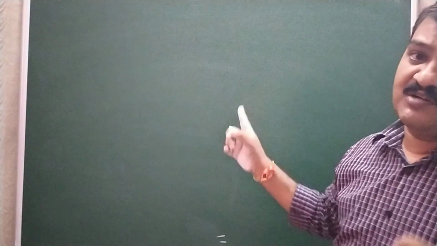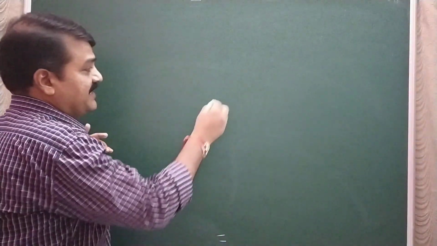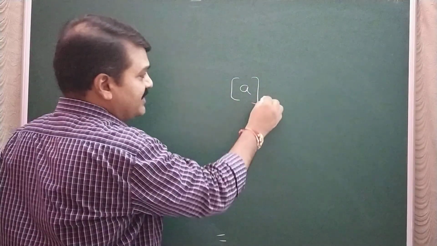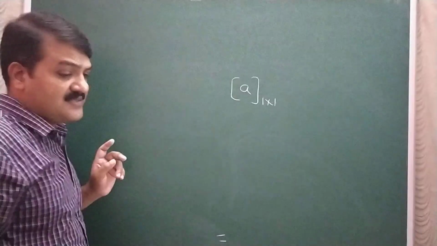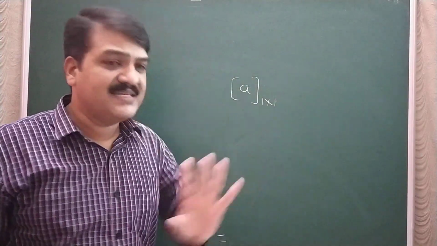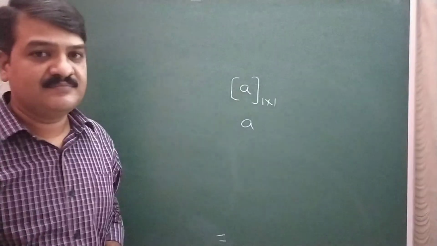And the determinant of a 2 by 2 matrix, already we wrote the formula. The determinant of a 1 by 1 matrix, for example, you have a single element. What is this? This is a 1 by 1 matrix. The determinant of a 1 cross 1 matrix is itself. What is the determinant of this? Means A only should be written.